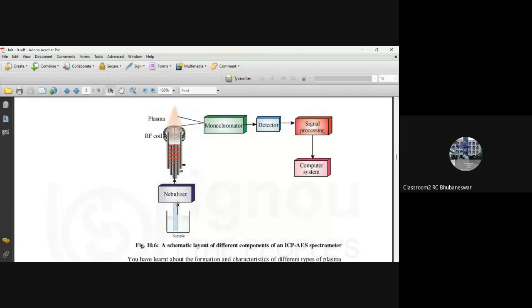The sample is getting sprayed. First there should be the nebulizer.